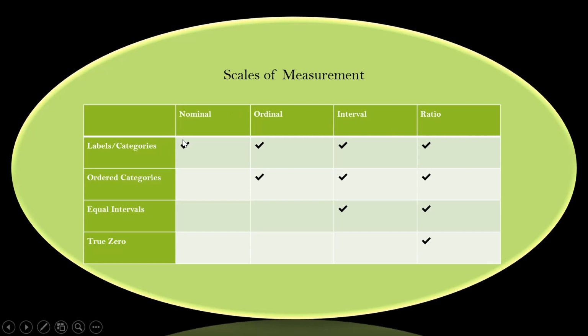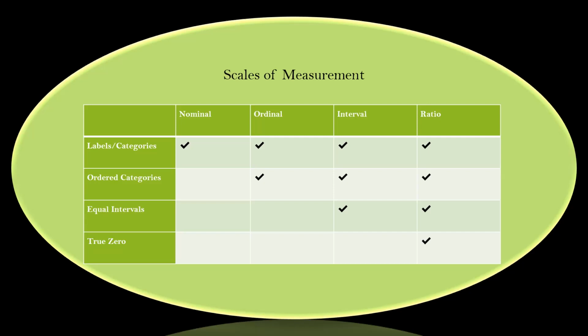And with each step we gain, we never lose an ability. So nominal does one thing and one thing only. It names something as unique. It names. So examples of nominal data: jersey numbers. Again, player 10 is different than player 5, but not necessarily better or worse.